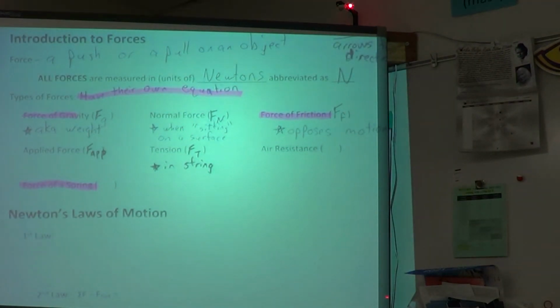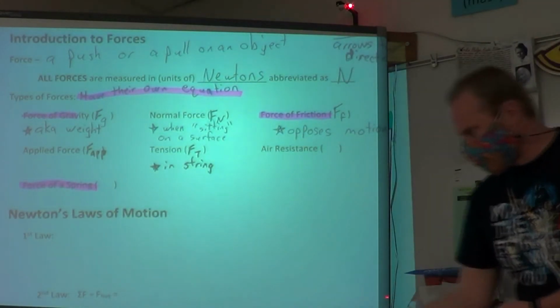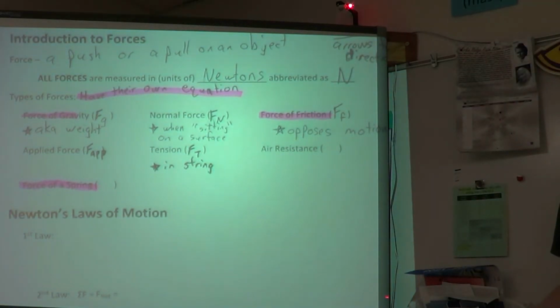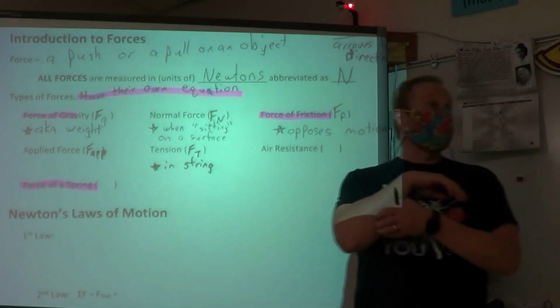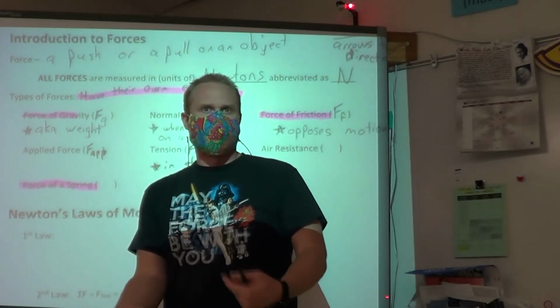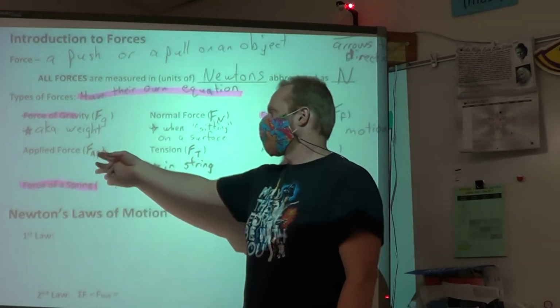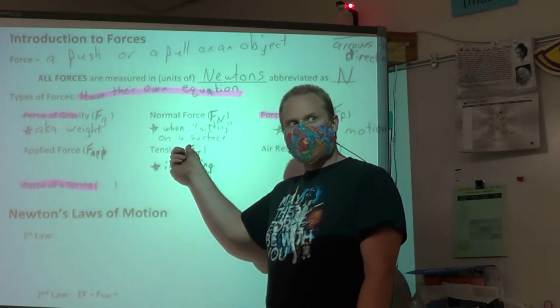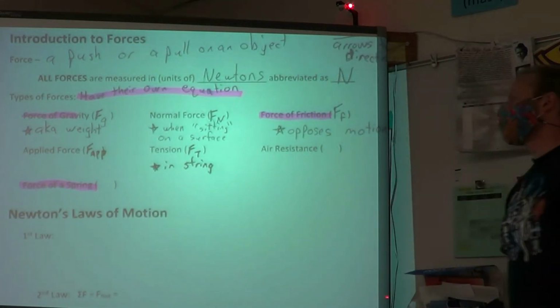Because if I have a rope that's hooked up to a chair, and I pull on the rope, is the tension moving the chair, or am I applying the force to the chair? And that's kind of semantics. Okay? The idea is there's a force that's going this way, whether it's the tension from the string, or we're looking at me applying a force which creates the tension. Okay, so sometimes we can kind of call it an applied force.